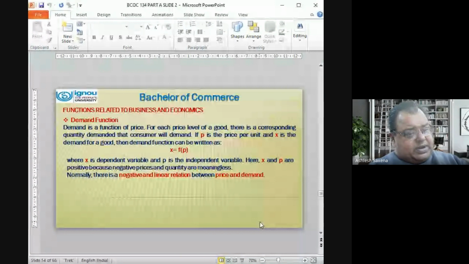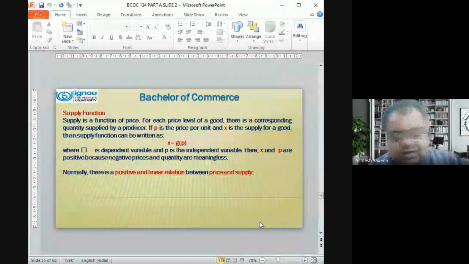If P is the price per unit and X is the demand for the goods, then demand is a function of P, where X is the dependent variable and P is the independent variable. Here X and P are positive because negative prices and quantities are not meaningful.